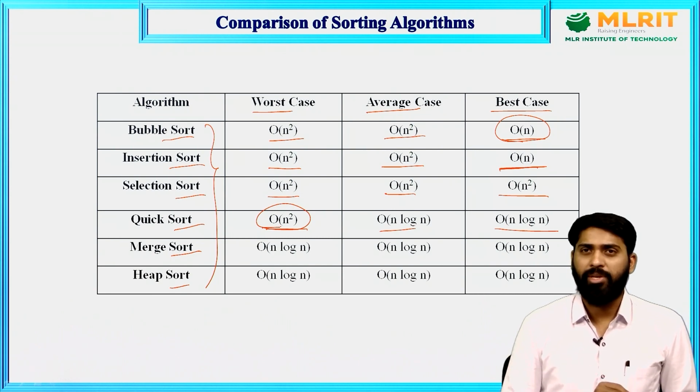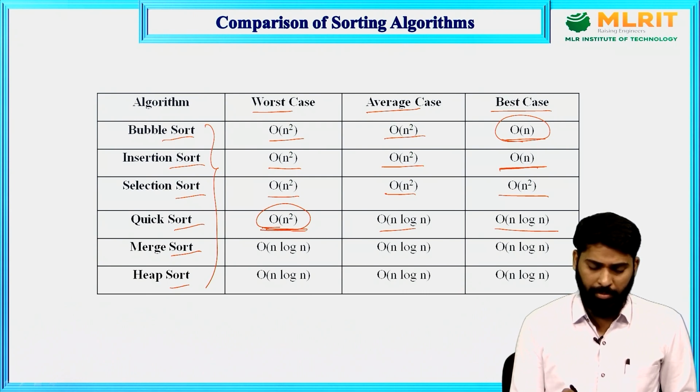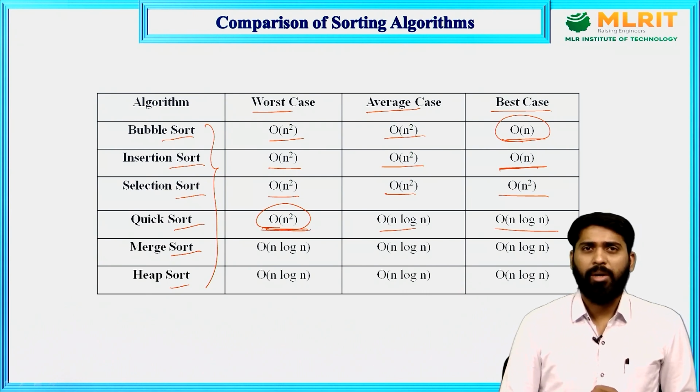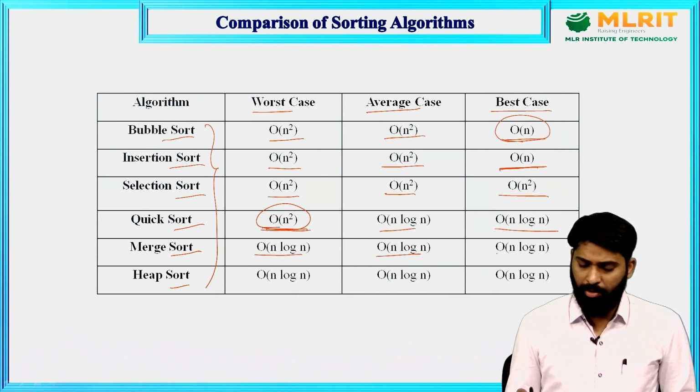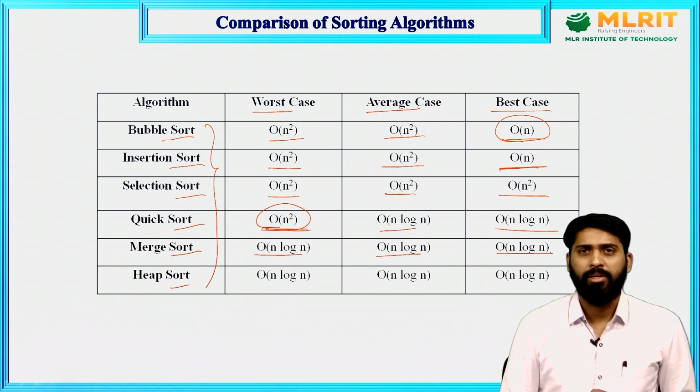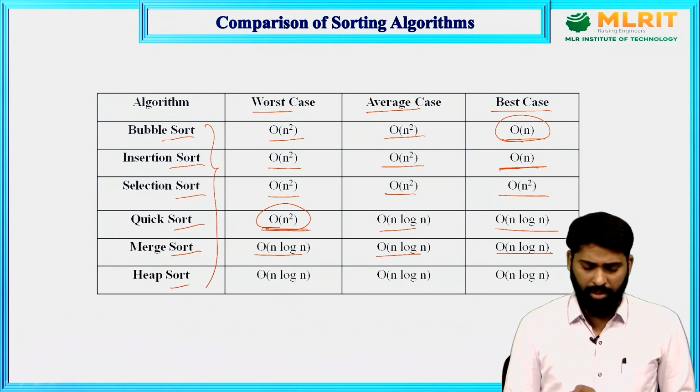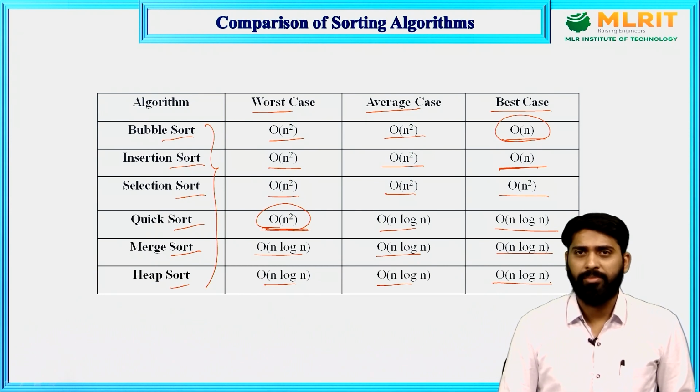So, for quick sort, the worst case time complexity is big O of n square. Coming to merge sort, for all the cases it is big O of n log n. For heap sort also, for all the cases the time complexity is big O of n log n. I hope you all understand the time complexities of different sorting algorithms that we learned in our previous classes.